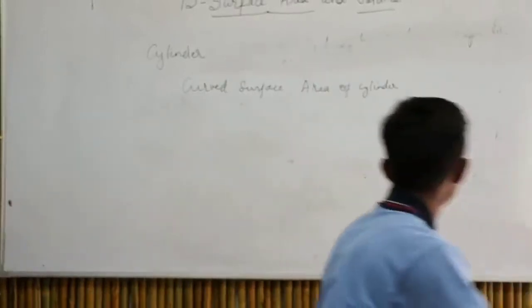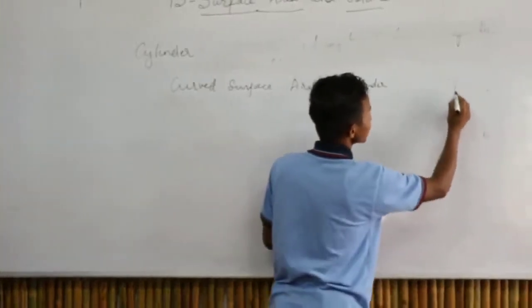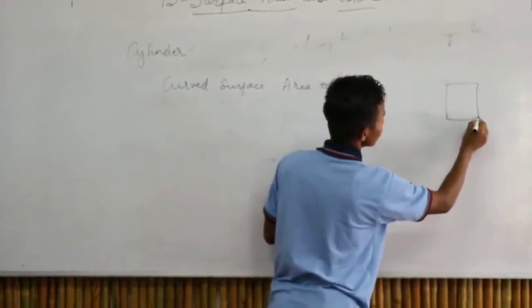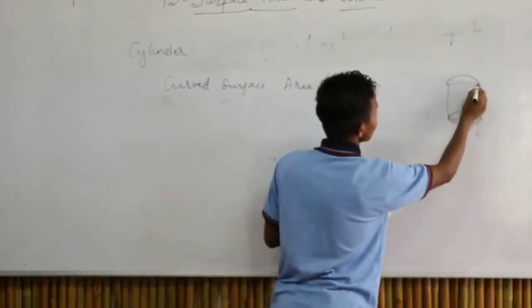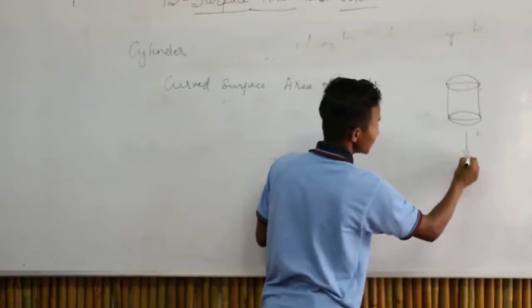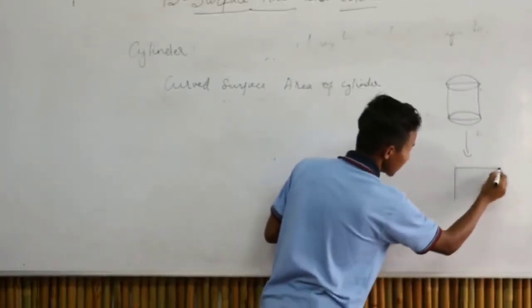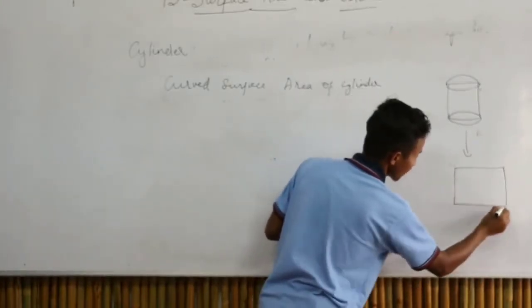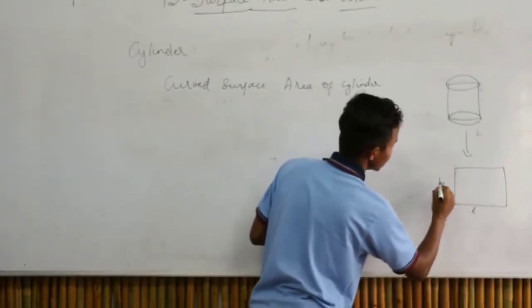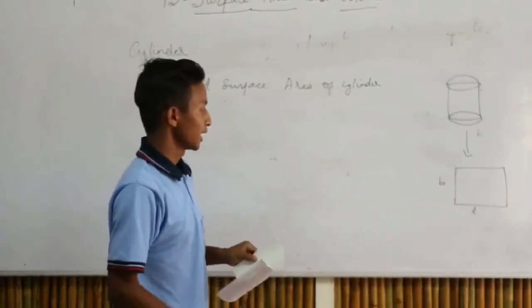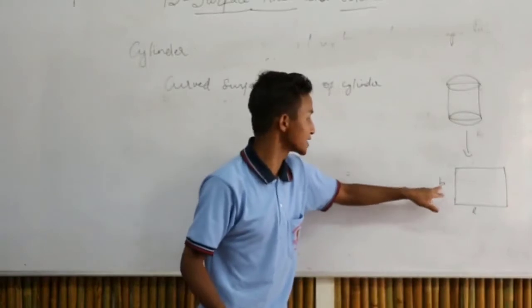So this cylinder, after cutting, is in the form of a rectangle, length into breadth. And what is this length and what is this breadth?